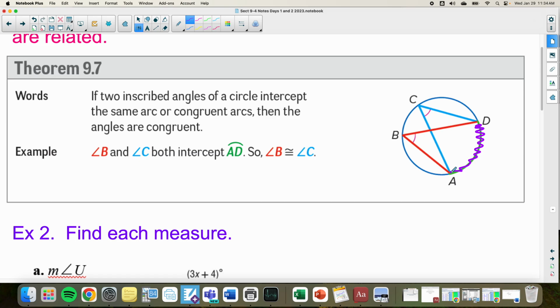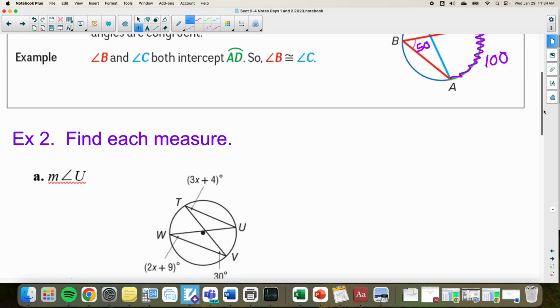The red angle also intercepts that same arc. So let's just say this arc was 100. What would the blue angle equal? 50. And what would the red angle equal? 50. So do you think you could say if two angles intercept the same arc, that those angles would have to be equal? Does that make sense?